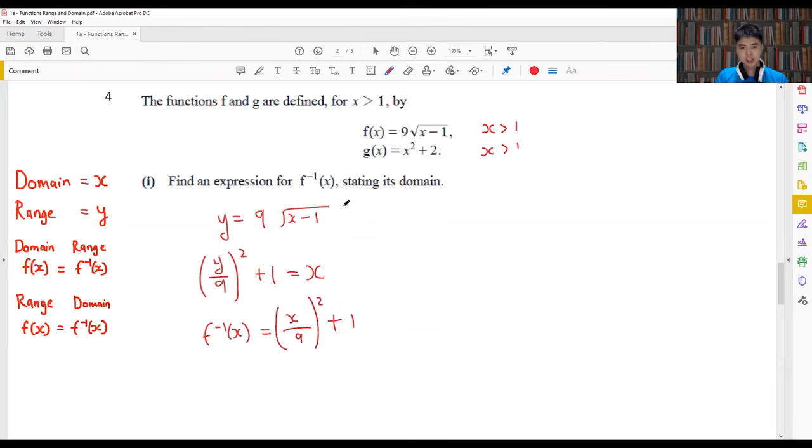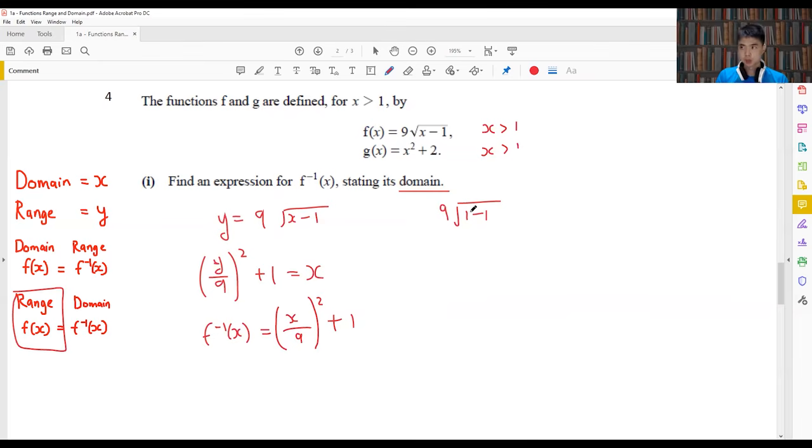Now, the question is asking us to state its domain. Stating its domain means we're looking for the x value, isn't it? Looking for the domain of an inverse is as if we're looking for the range of f(x). So let's say we're looking for the range here. All we had to do was substitute 1 into it: 9 square root of 1 minus 1.